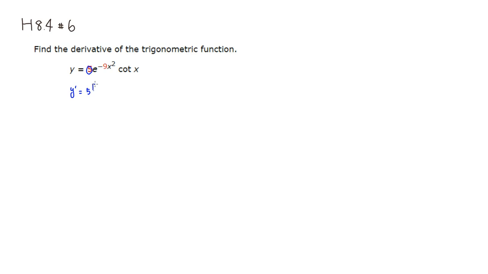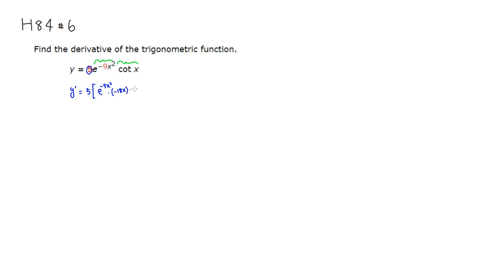Then we're going to try to take the derivative of the first guy because we have to use the product rule. So here, this is the first guy. This is the second guy, right? So derivative of the first guy is just e to the negative 9x squared multiplied by derivative of the power, which would be negative 18x, right?